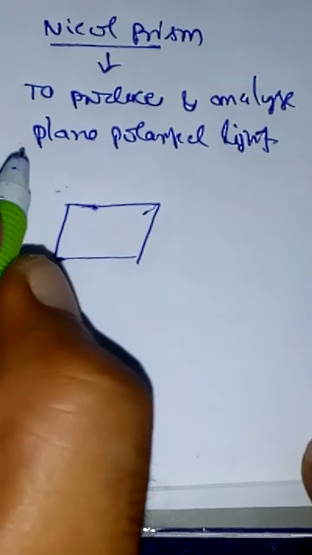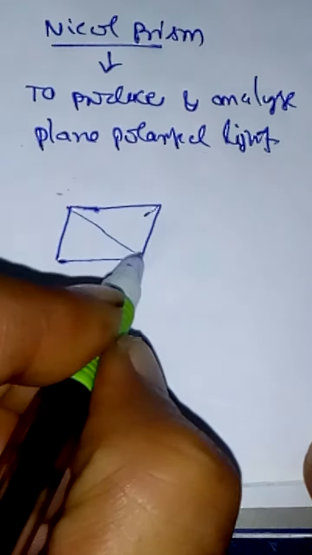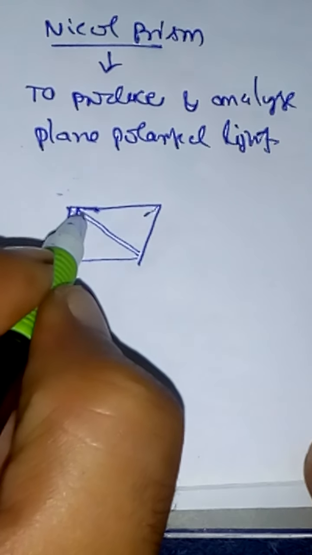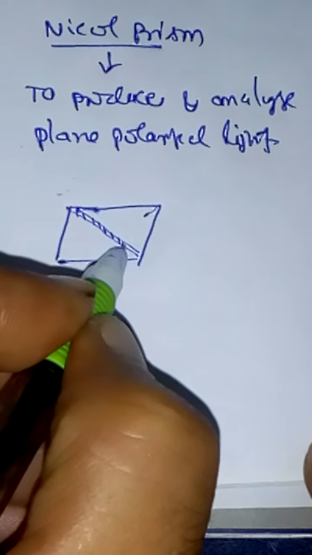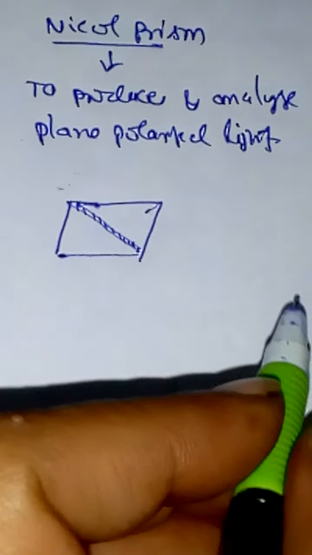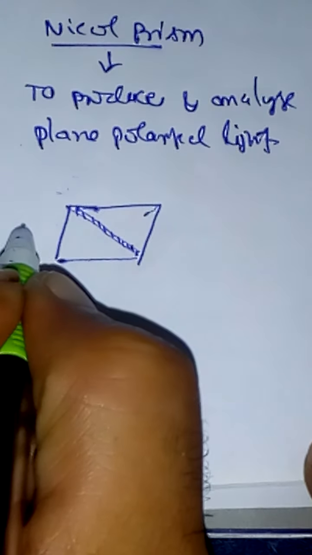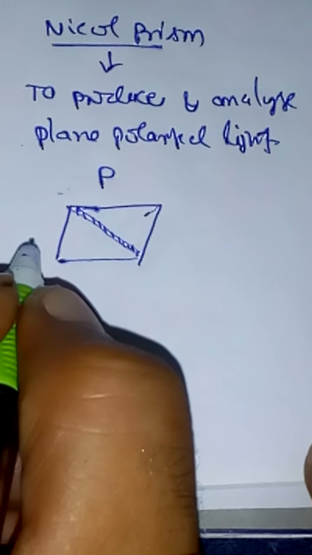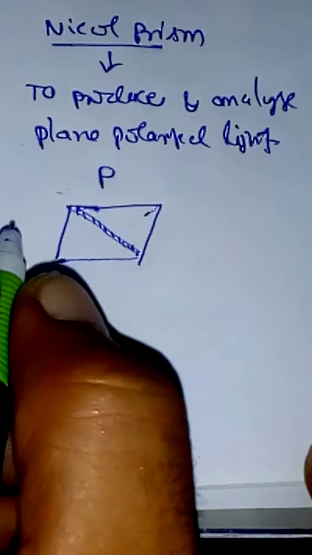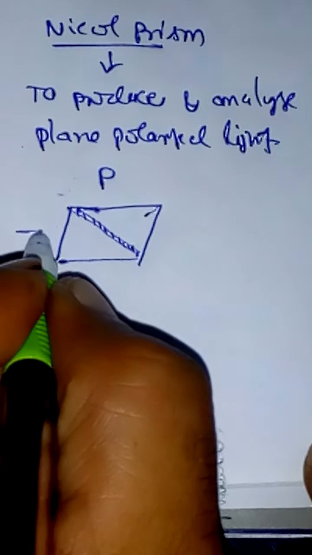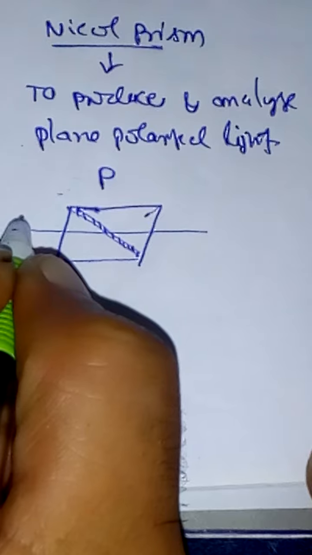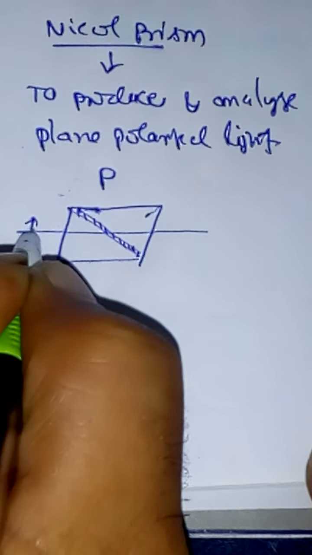Okay, a Nicol prism. This is the Canada balsam layer to join this. This is polarizer P. Now when light is incident, you will have unpolarized light coming.